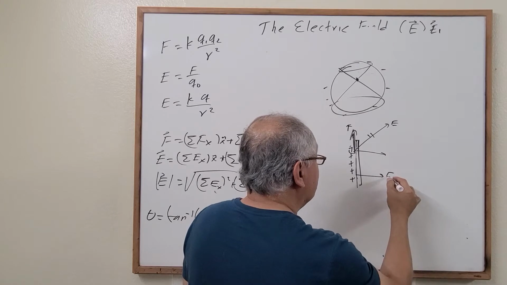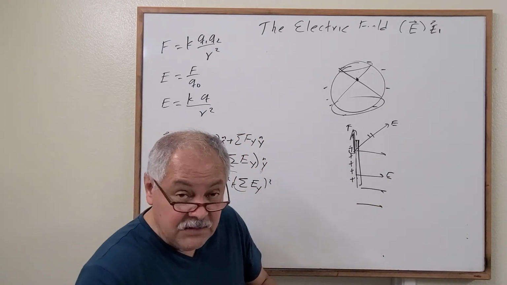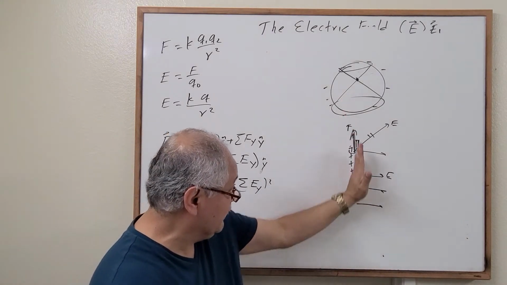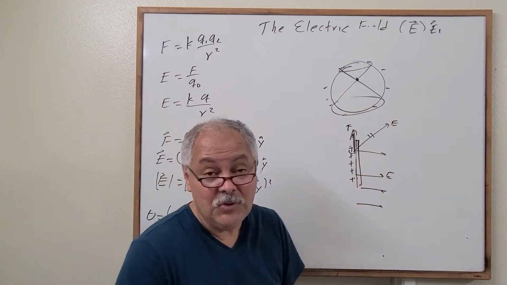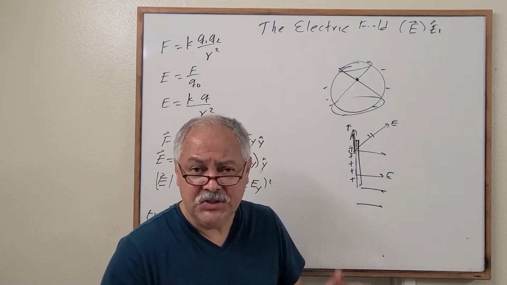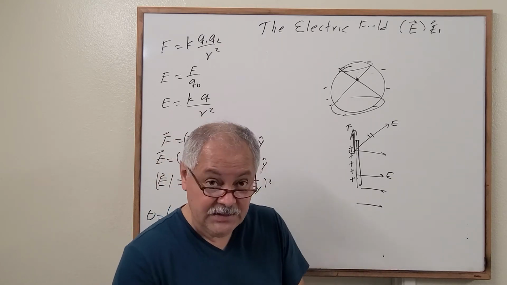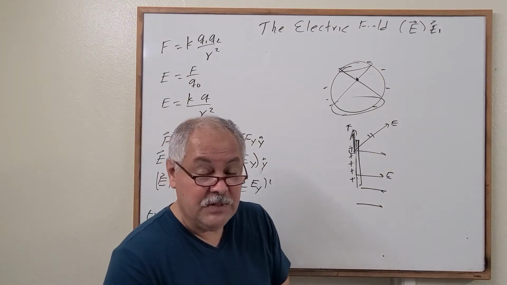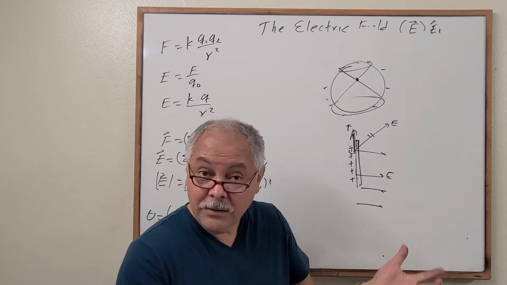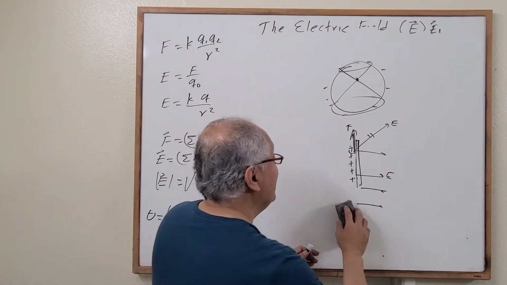Because if the electric field is not perpendicular, there is a component parallel to the surface, and that produces motion. And that contradicts our statement. The charges must be at rest. If the charges must be at rest, the electric field must be perpendicular to the surface where the charges are. Got it? Perfect.